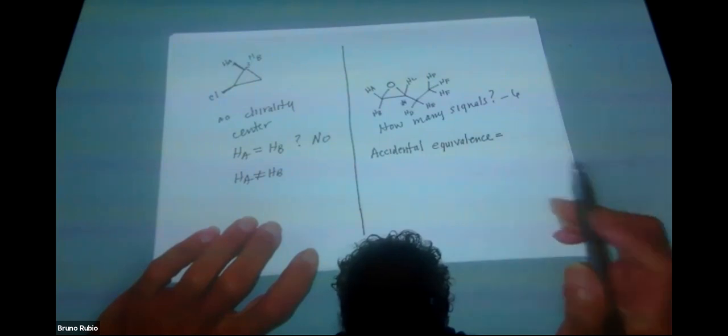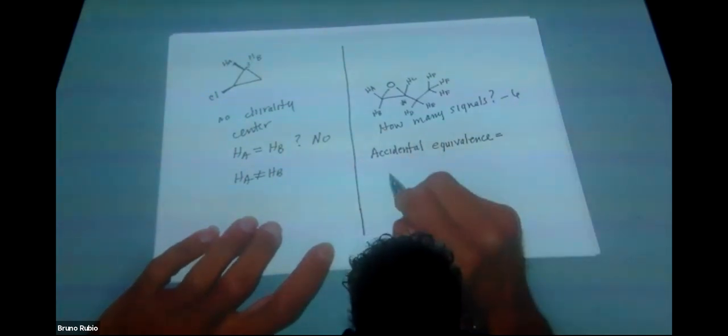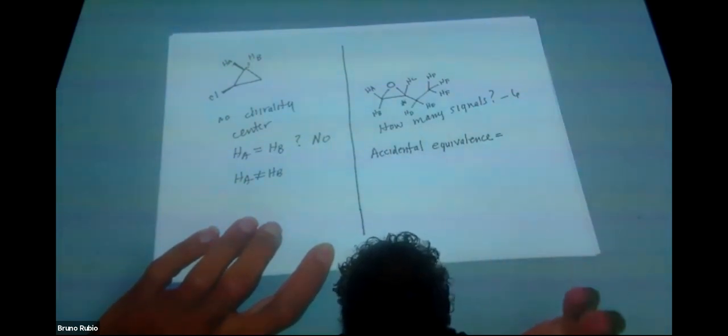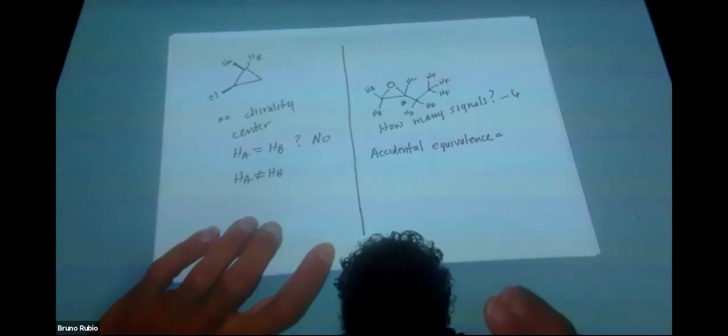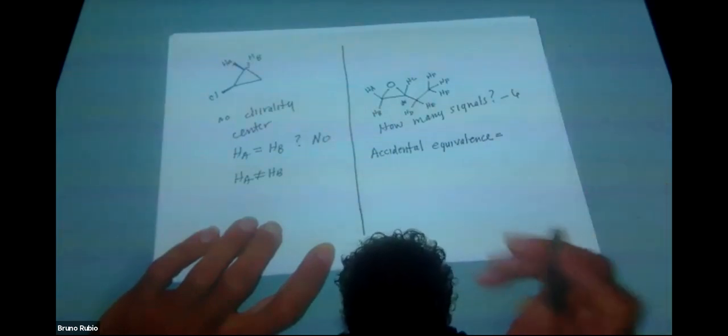But sometimes the chemical shifts of two protons that are not equivalent in principle are so close together, like 0.000001 ppm, that even though they're not supposed to be equivalent, they are equivalent to each other.